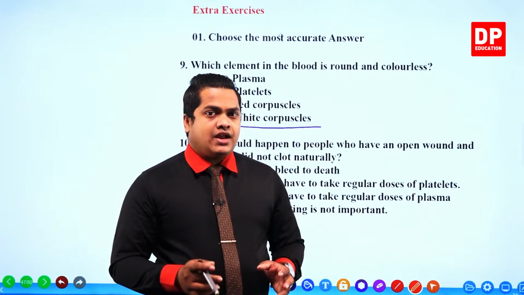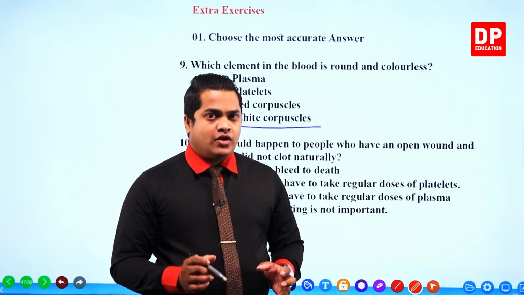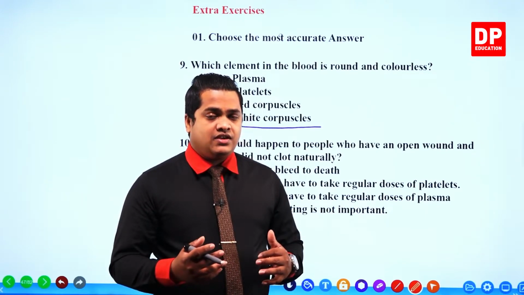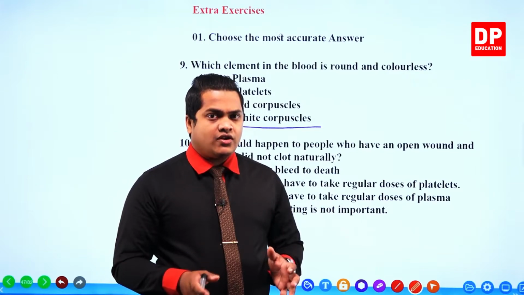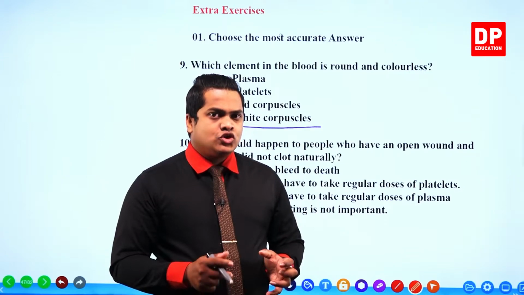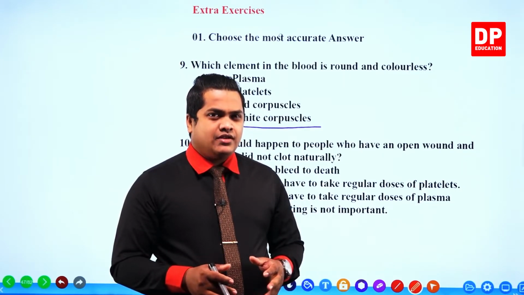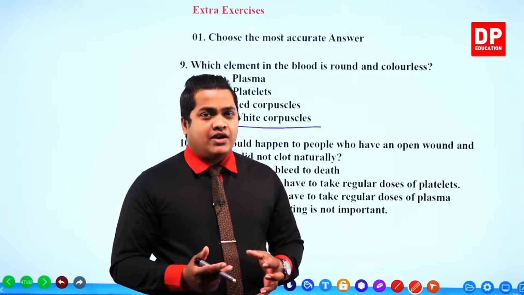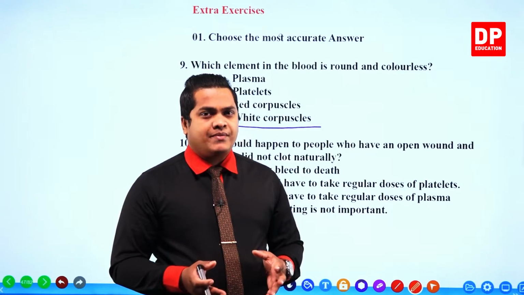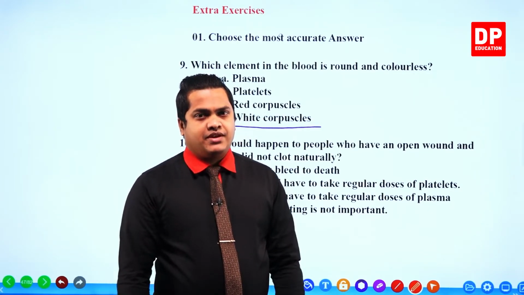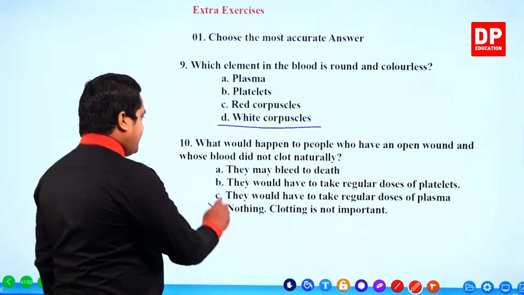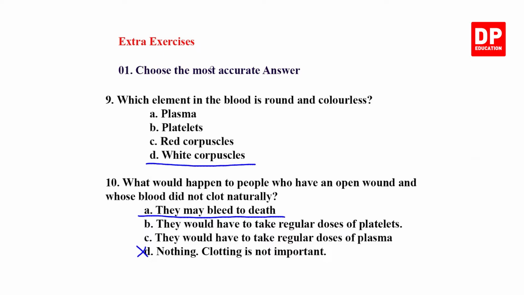Then the fault is not with the person, the fault is with the platelets. If the platelets are not there, the blood will not clot, so blood will be lost to the external environment rapidly, and there is a possibility that the person may die because of losing too much blood. So the answer would be they may bleed to death.